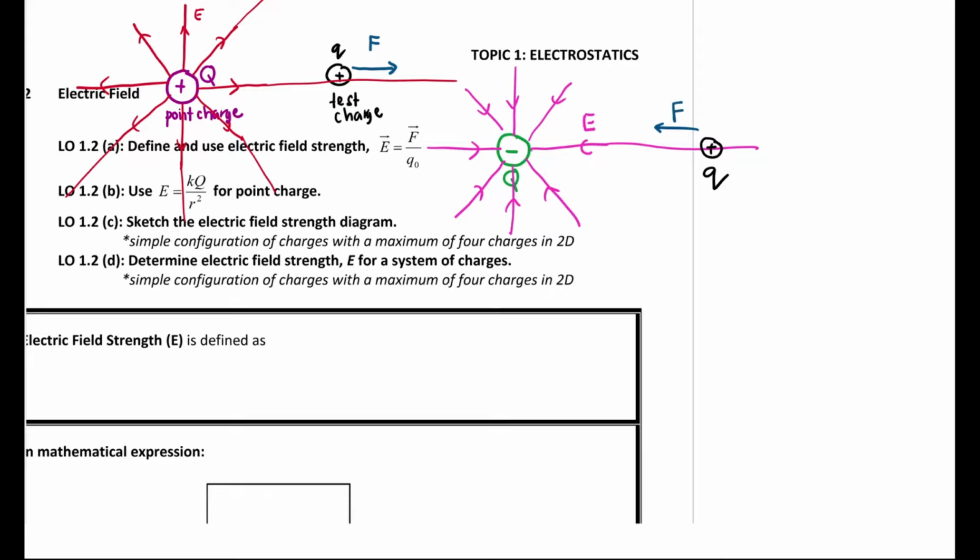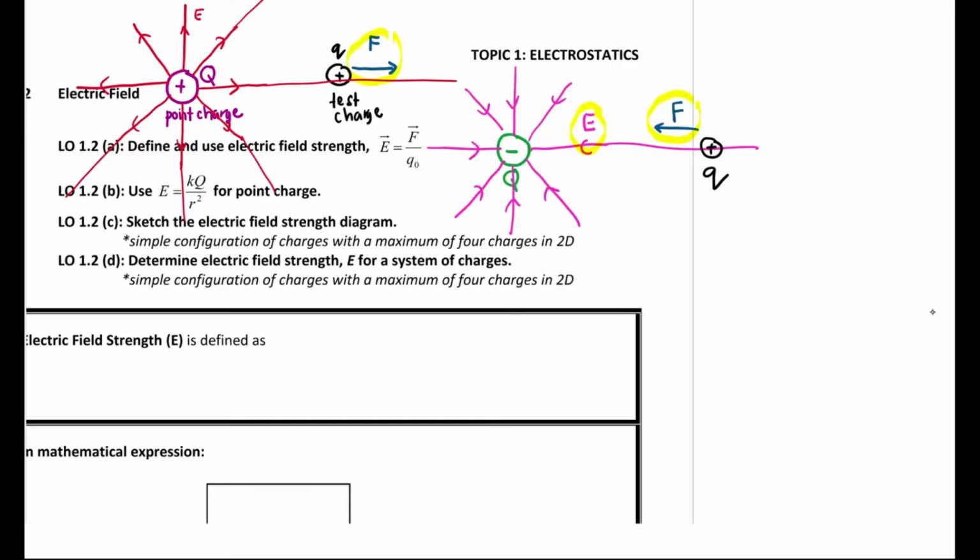Electric field strength E is defined as the electric force per unit positive test charge that acts at that point, in the same direction. Apa maksud dia?